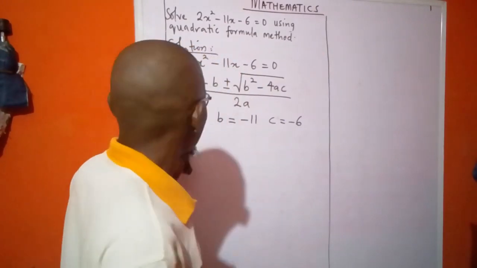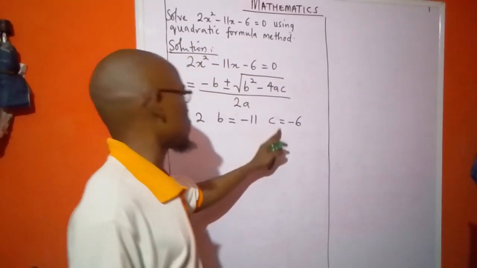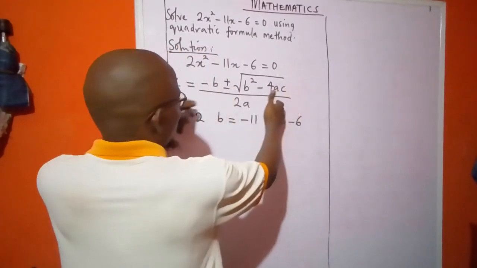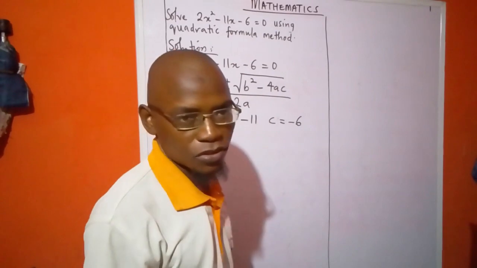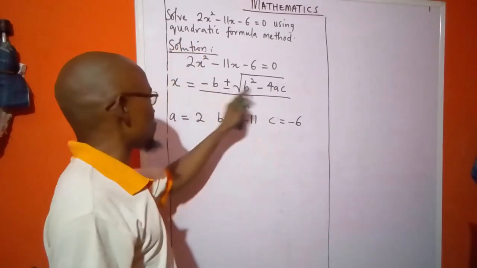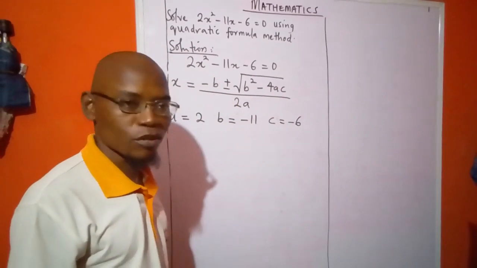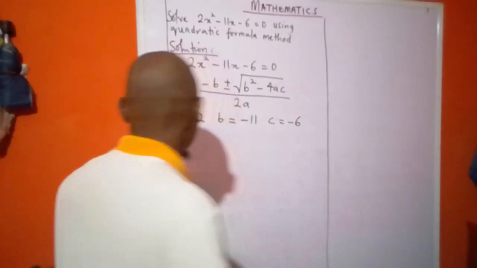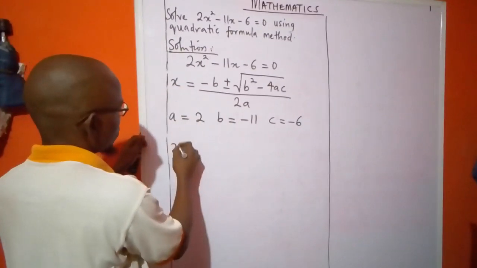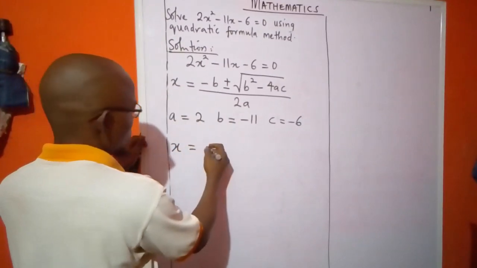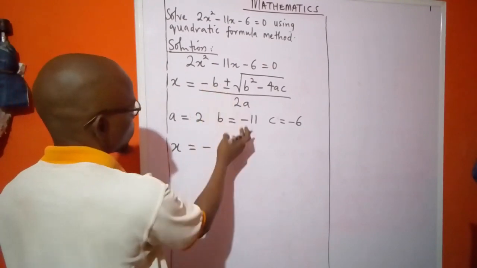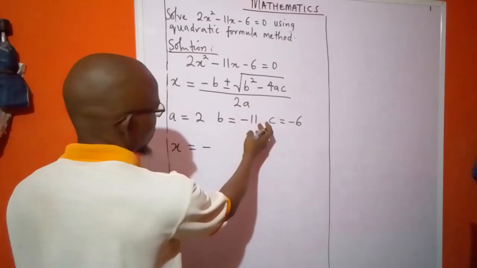Okay, so since we have our a, our b, and our c, this is when the quadratic formula will be useful for us. Are you with me? So the next thing is, let's bring it out. Our x equals minus b. What is our b? Minus 11.